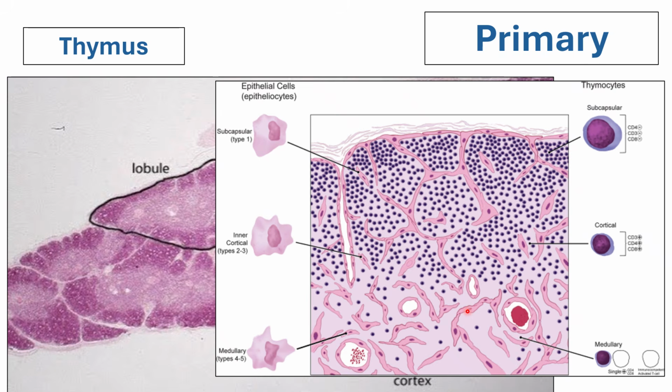Again, this would be your T cells. And another feature of your thymus is that again, it is encapsulated by your dense irregular connective tissue.